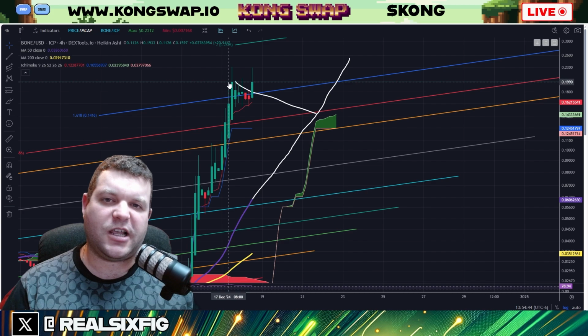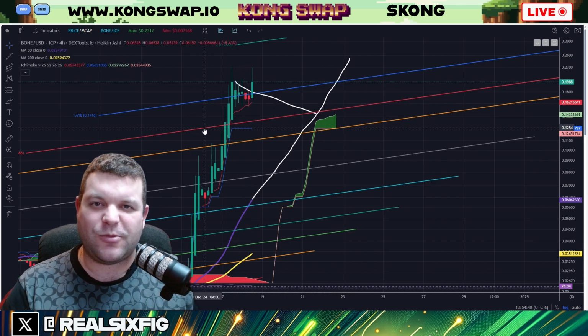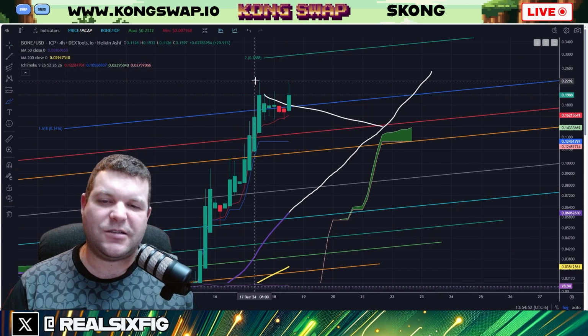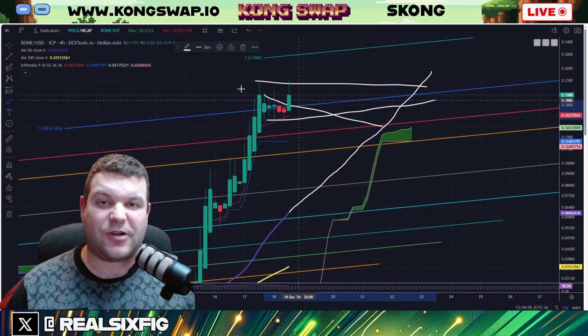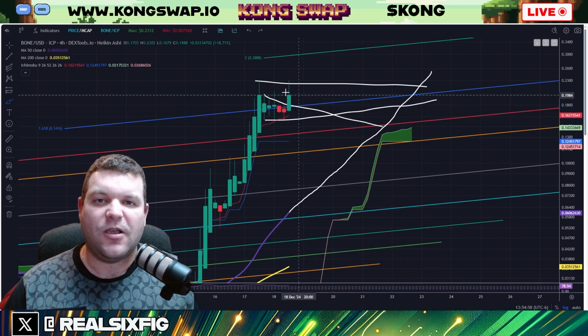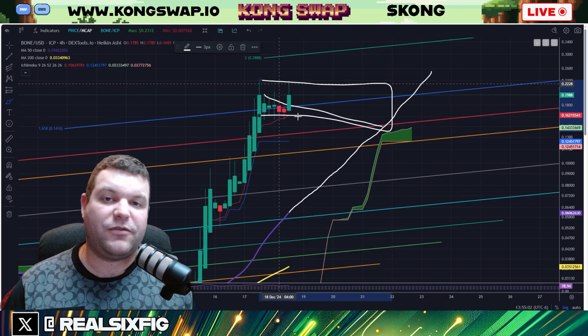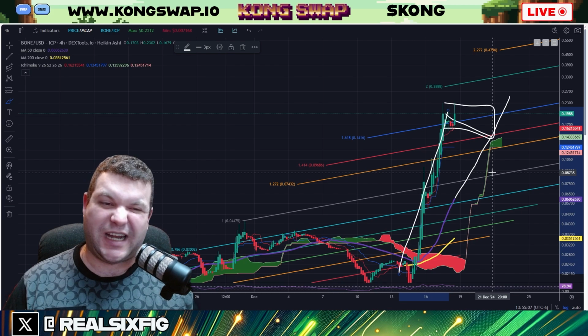On the 4-hour chart, I do think that price action is still too far away from this Ichimoku cloud, and I do think that we are going to see one of three things happen. Maybe we'll see some sort of ascending triangle where price just goes like this, or maybe we'll see some sort of bull flag, because we've got a very nice bull pennant that has erected.